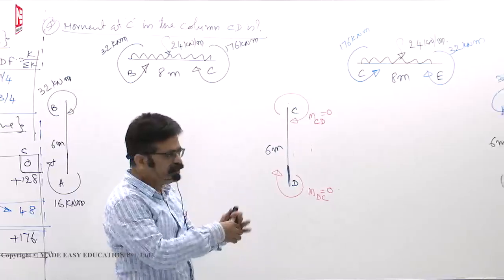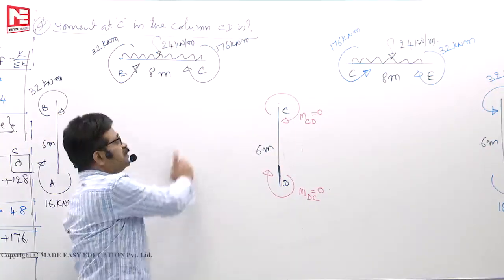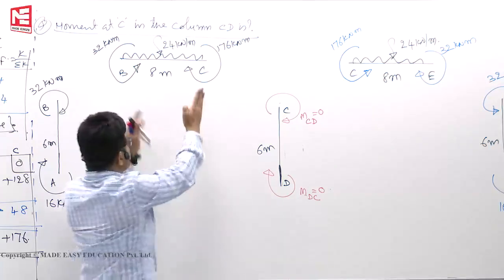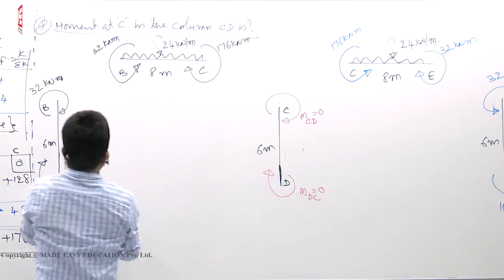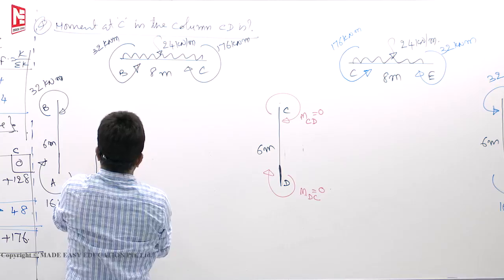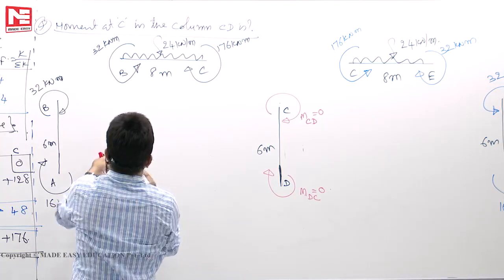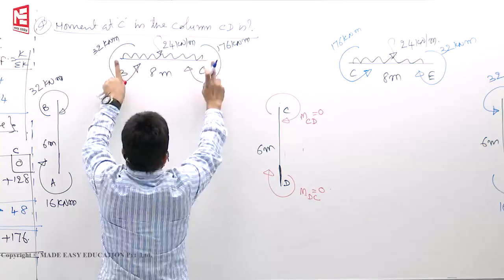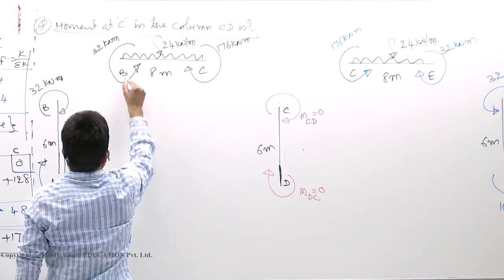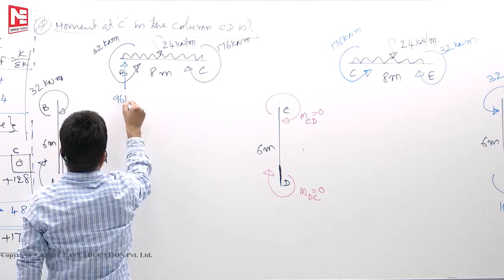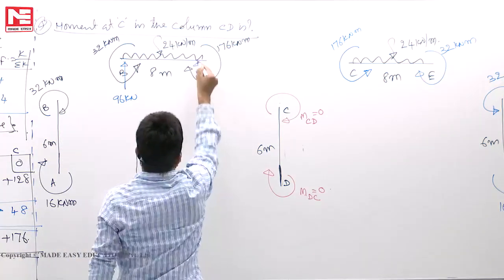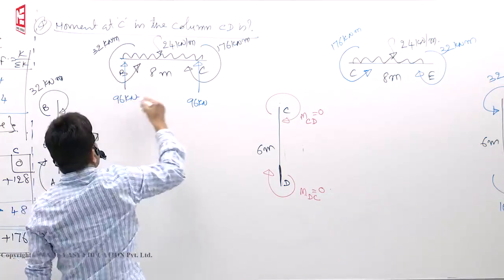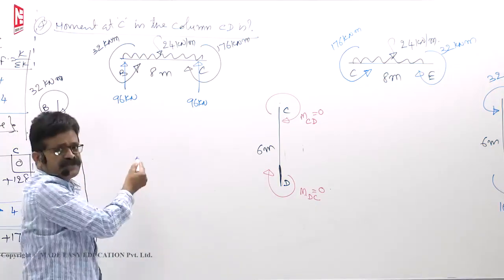In such cases, we must quickly draw this free body diagram, applied load and moment. They have given these values. Now your task is this one. Due to applied loads, 24 into 8 down, so both supports will share. 24 into 4, 96 up, 96 up. Next, moments. Anti-clockwise 32, clockwise 176.